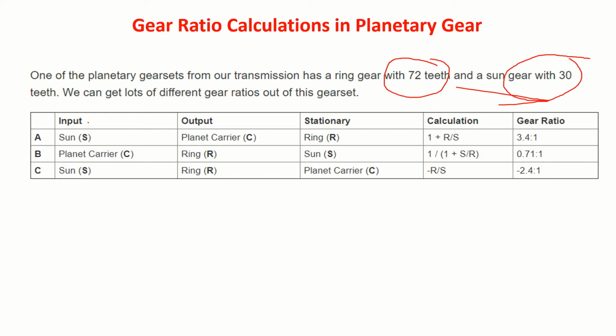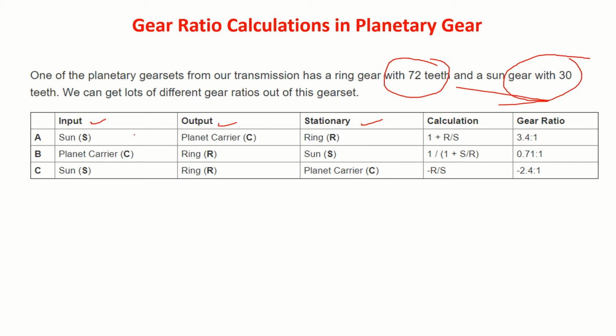So here I have shown you make one as input, another one as output, third one you hold stationary. Suppose in case A, let us say I make sun gear the driving gear. It gets the input. Sun gear is, let us say, driven by the turbine shaft. Now I'll take out the output at the planet carrier, keeping the ring gear stationary.